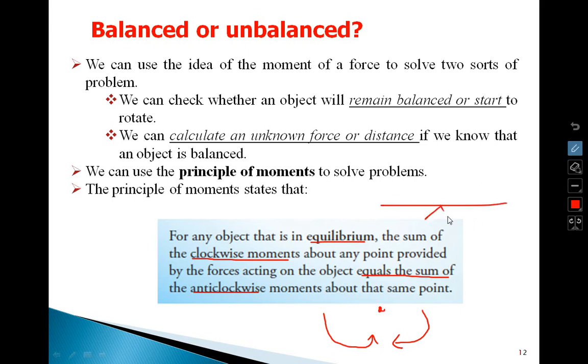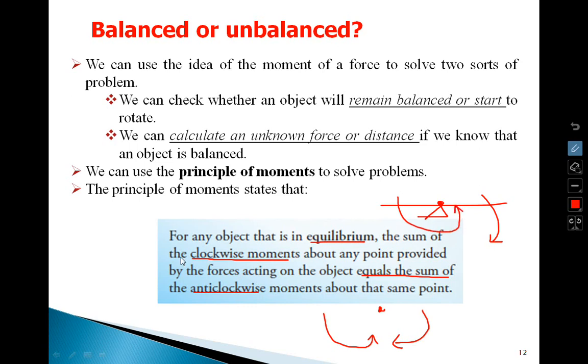The seesaw is like this, so this side will move this way, which is clockwise, acting at the same point here, and this one will be anti-clockwise.